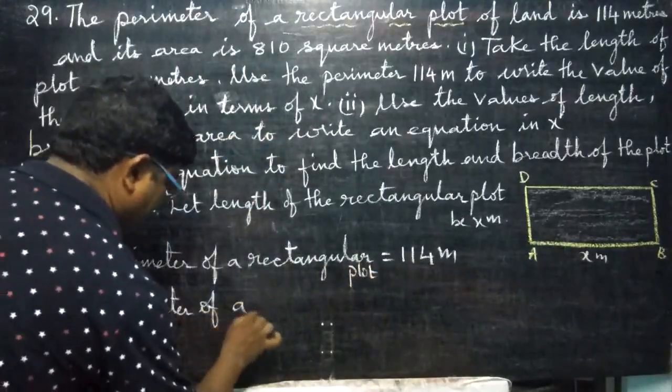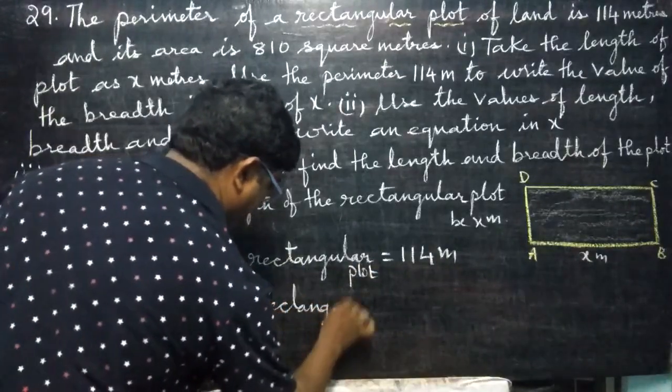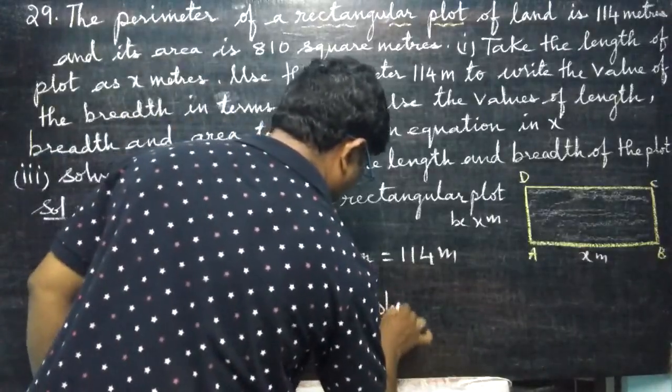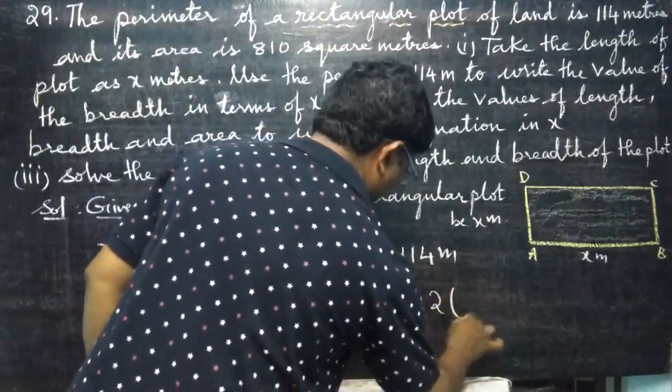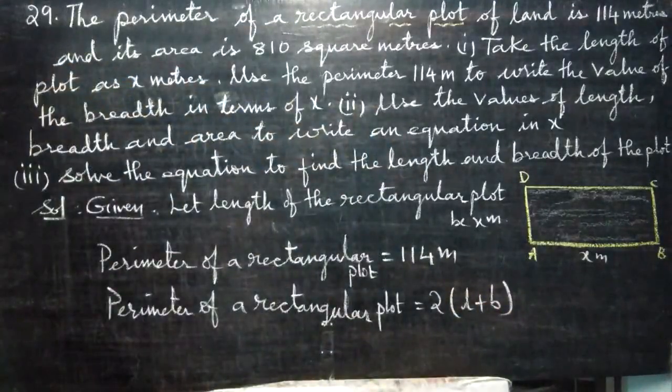Formula: 2 into (L plus B). What is the formula? 2 into (L plus B). Now we are going to compare both perimeters.